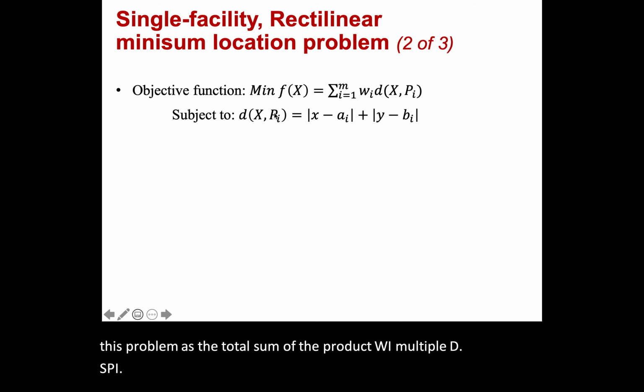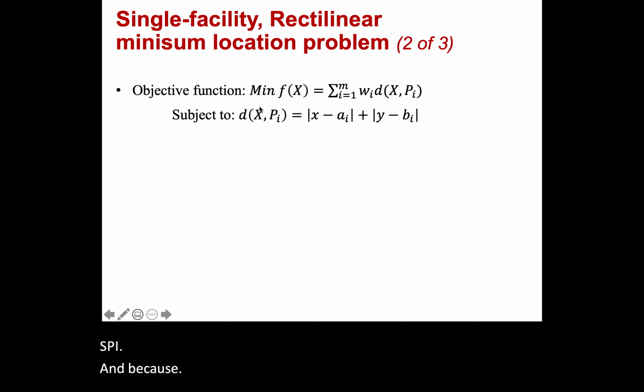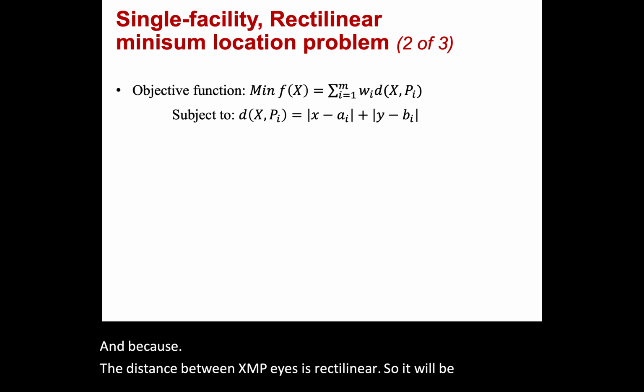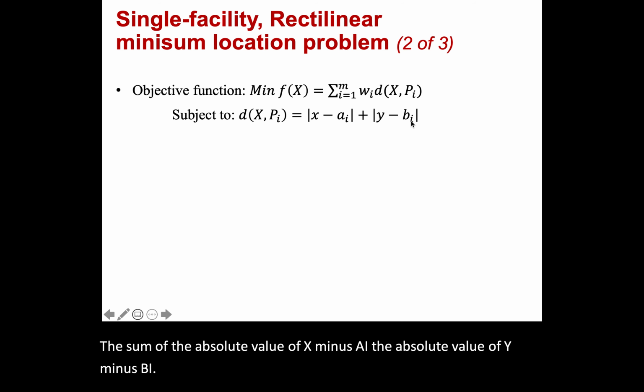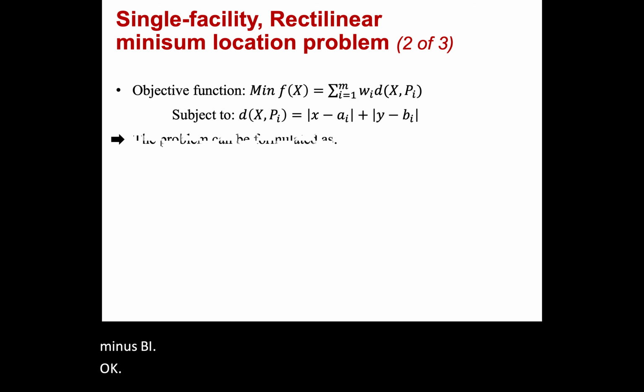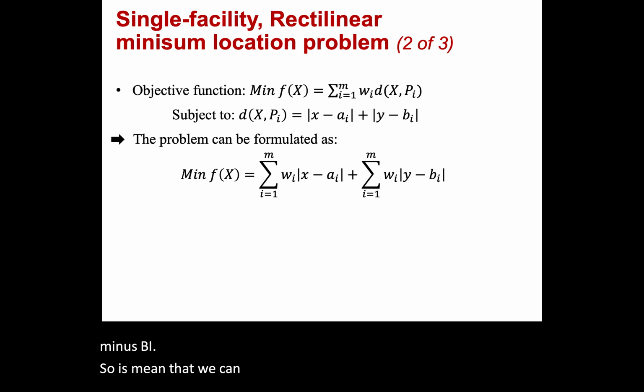And because the distance between X and Pi is rectilinear, it will be calculated as the sum of the absolute value of x minus ai and the absolute value of y minus bi. Okay, so it means that we can rewrite the formulation for the objective function like this.